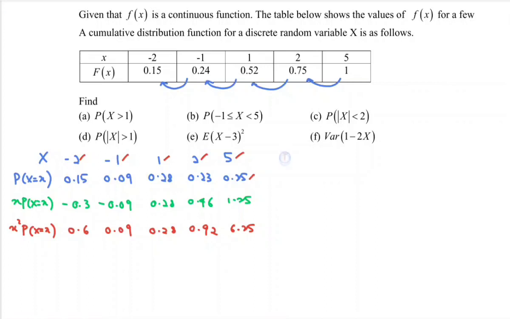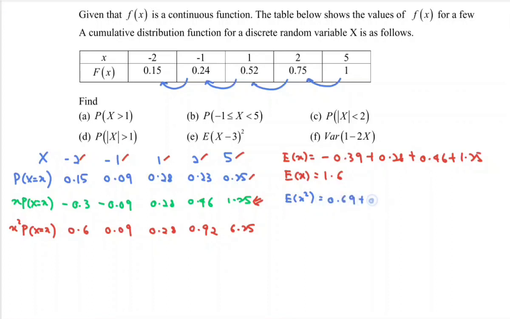Next, we have the E(X), meaning that we have to sum up this part. Then we have -0.39 plus 0.28 plus 0.46 plus 1.25. So the E(X) will be equal to 1.6. Next is to find E(X squared). Sum up 0.69 plus 0.28 plus 0.92 plus 6.25. So the summation would be 8.14.